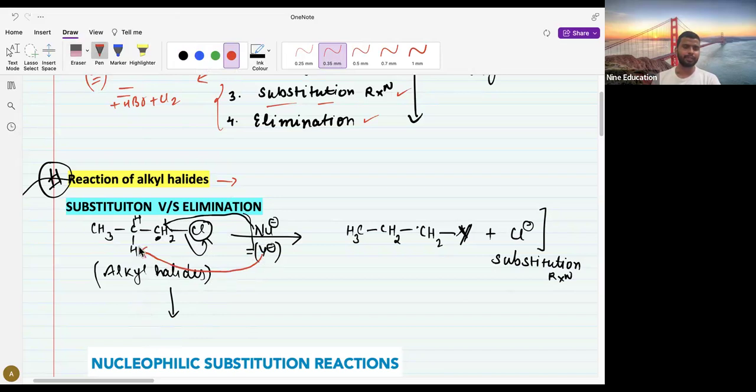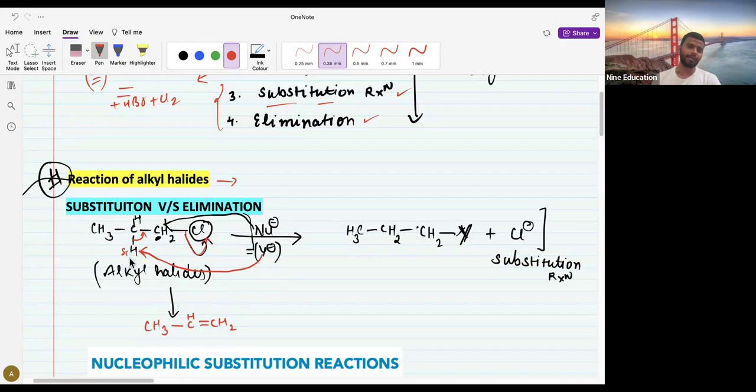Because the hydrogen is delta positive, the electrons of this bond will shift toward this side, and we will make a CH double bond CH2, and this Cl will be removed from here.